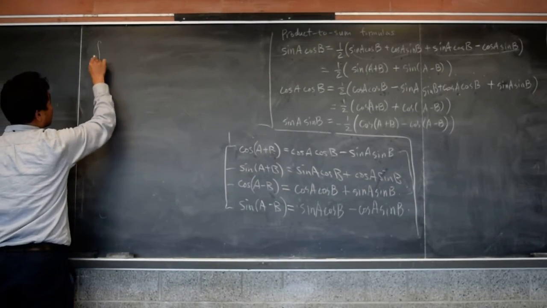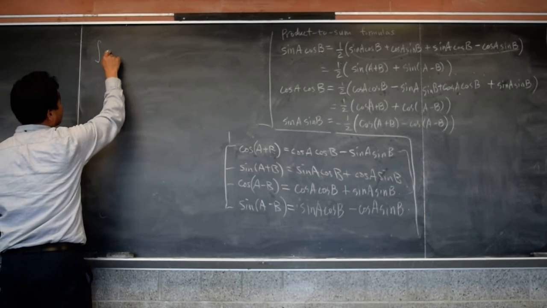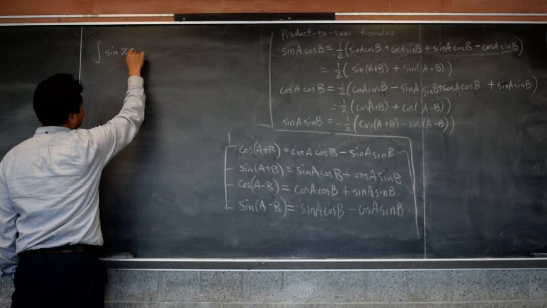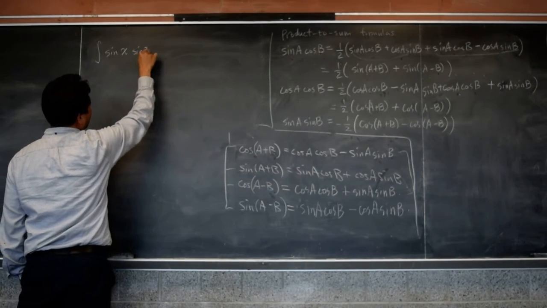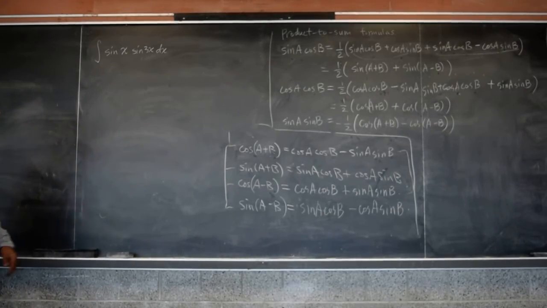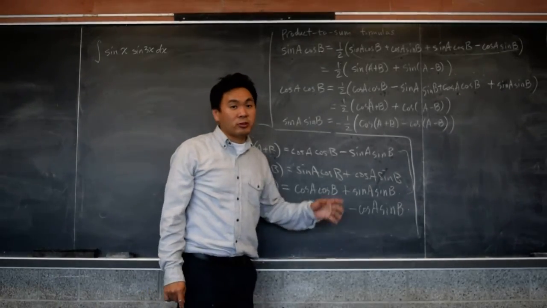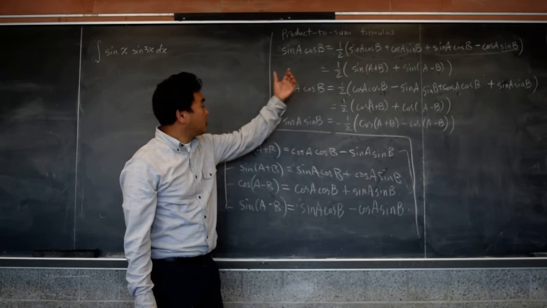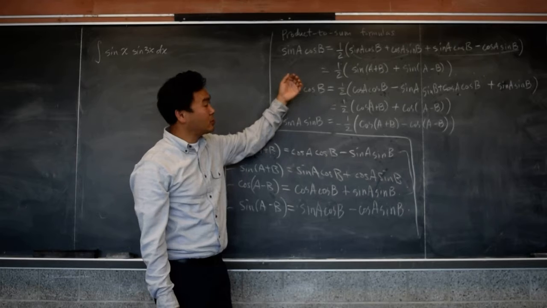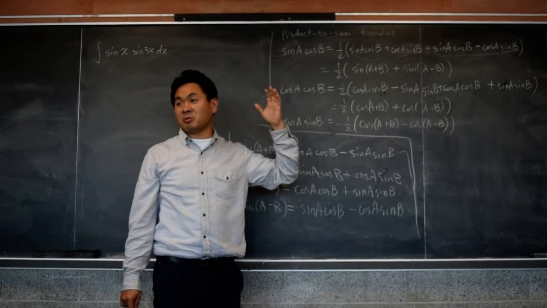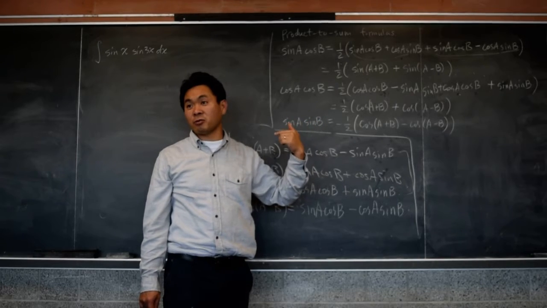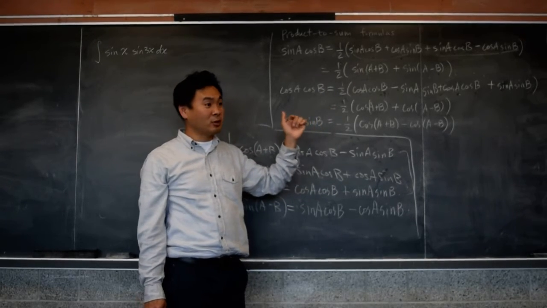So here's an example. What's the integral of sine of x times sine of 3x? Oh, by the way, usually in the textbooks, people also write cosine A times sine B, but that's redundant, because if you have cosine 30 degrees times sine 15 degrees, for example, you can switch them around and make the sine go first, because multiplication is commutative.